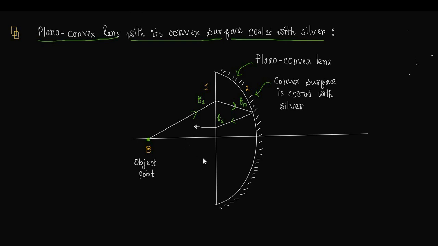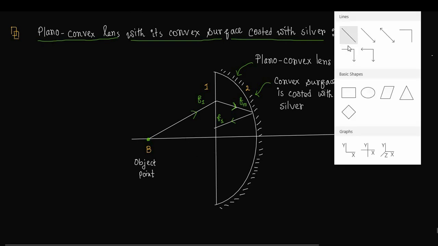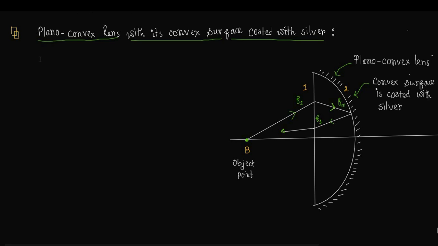The first refracting surface or plane surface has a focal length F1, and FM is the focal length of the concave mirror, which is actually the convex surface of the lens coated with silver.